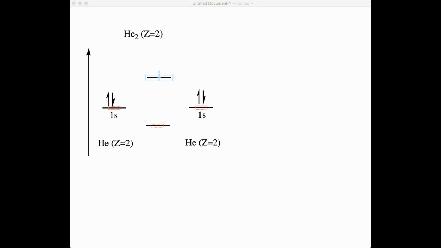Isn't it sigma 1s bonding, sigma 1s anti-bonding? I haven't gotten there yet. So combination in phase leading to one bonding and combination out of phase leading to one anti-bonding, okay? Now we're going to see how they look once again.